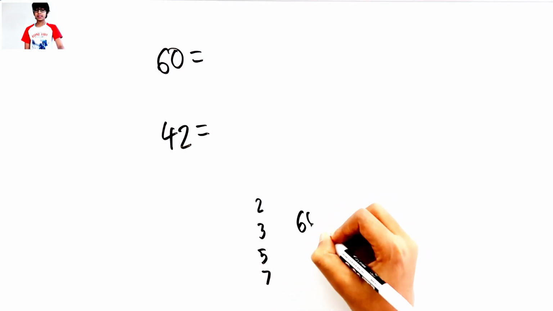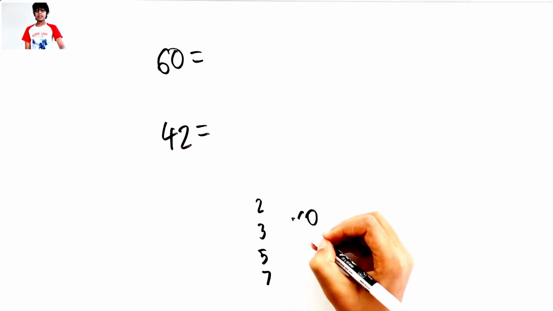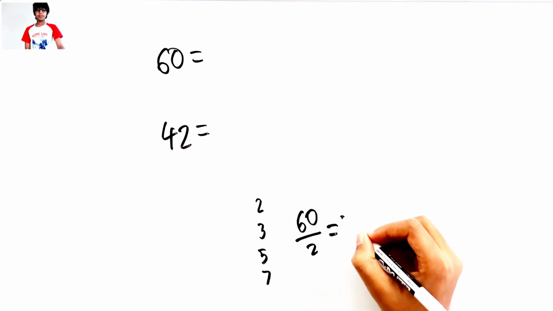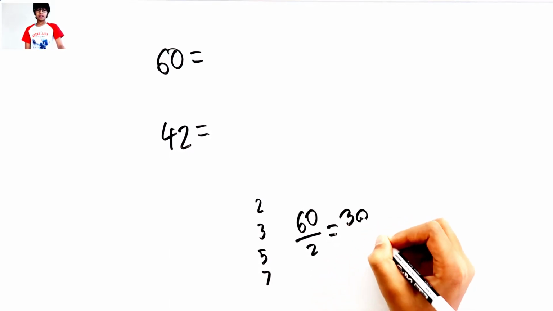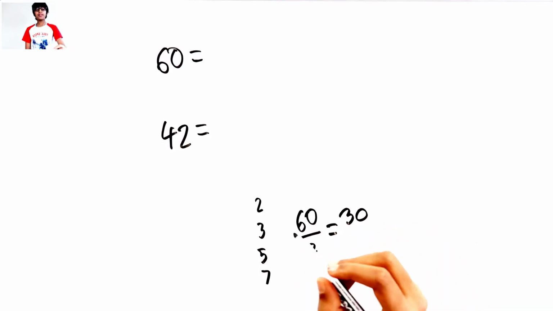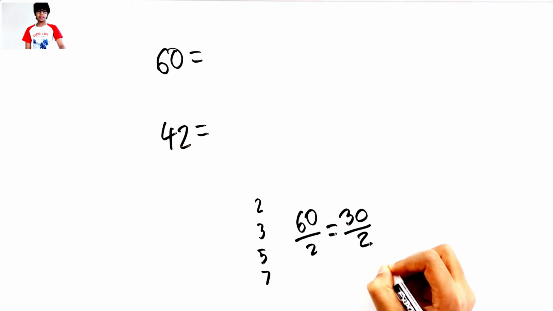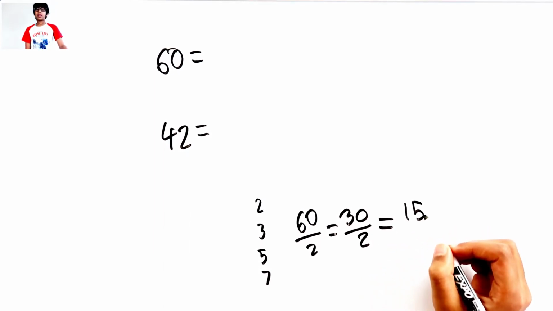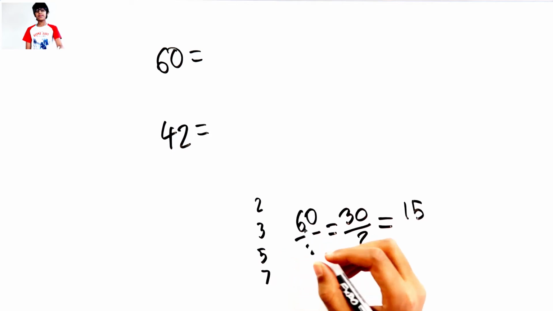Now let's write 60 here. Now, can 60 be divided by 2? Yes. That equals 30. Can 30 be divided by 2? Yes. That means 15.